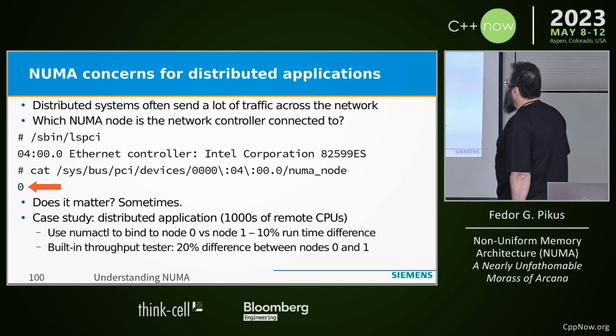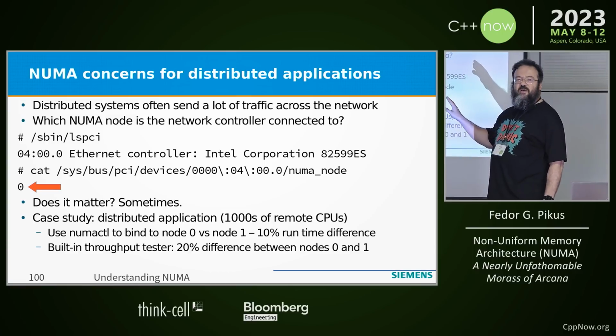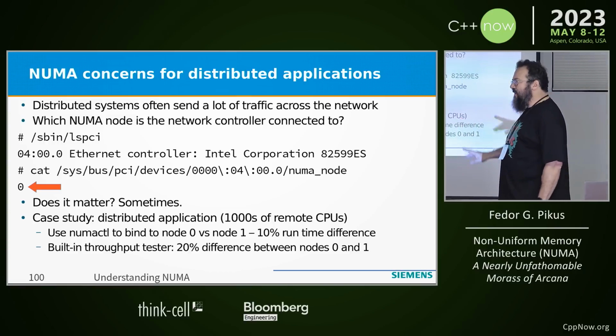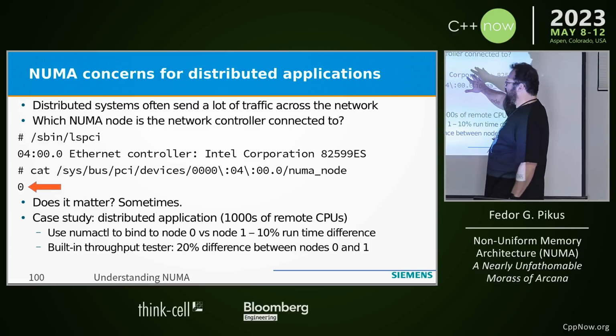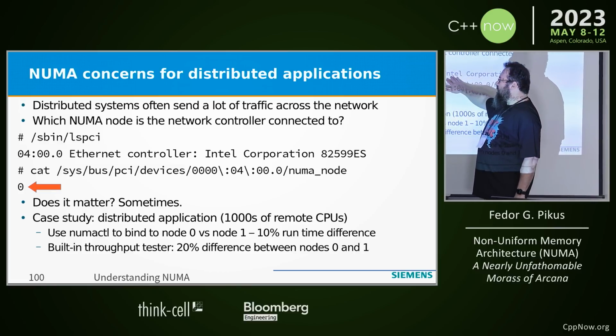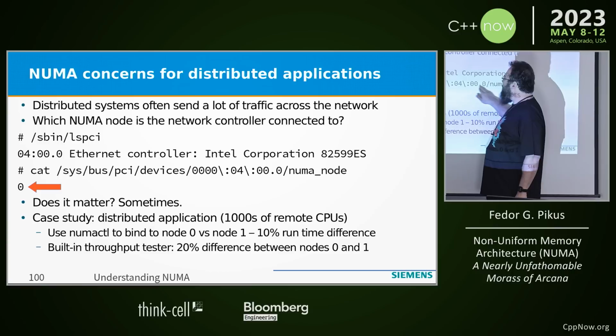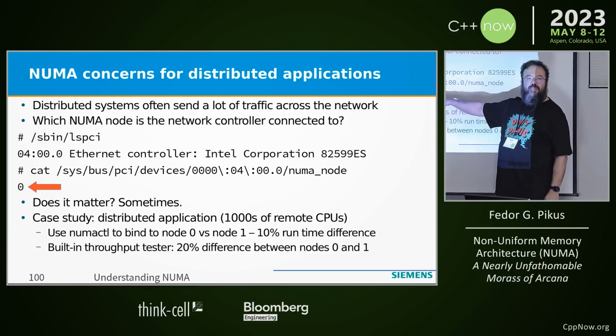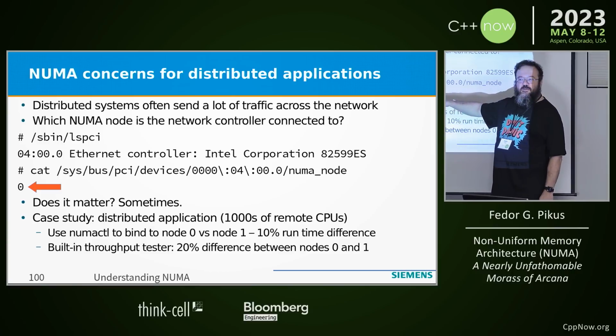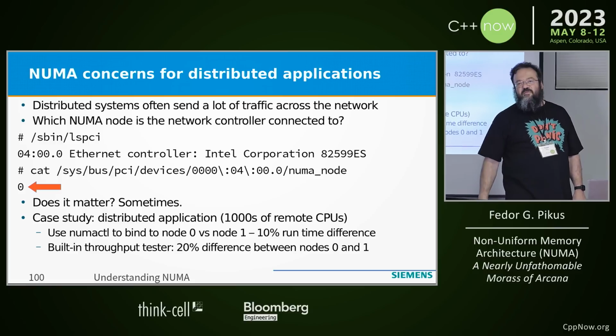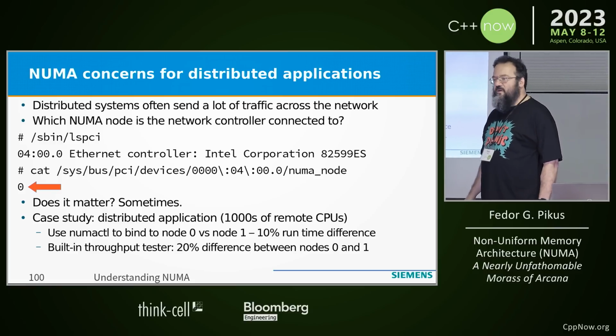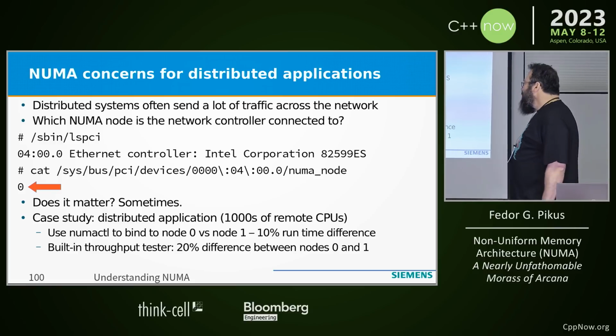I want to mention one thing. I told you that NUMA nodes are symmetric in every way. Not entirely in every way. It has to do with where the hardware is connected. Network controllers, for example: this one is connected to NUMA node 0. If you're heavily network bound, does it matter?